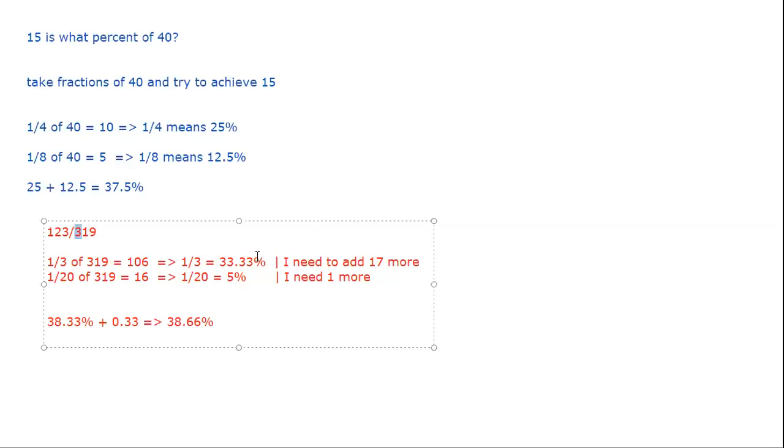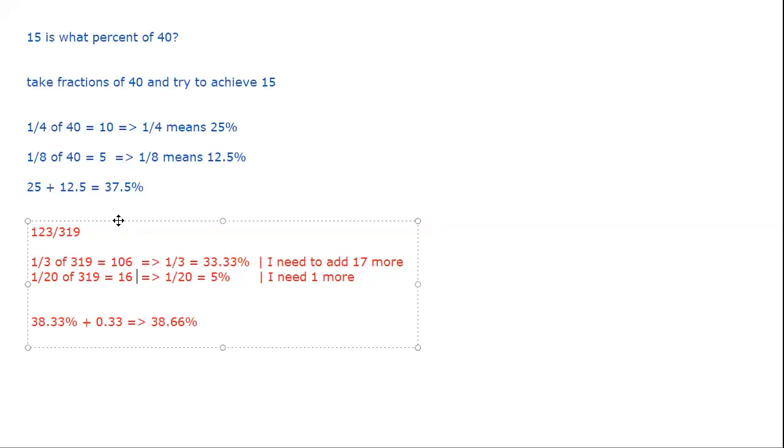So this is 1/3. So I started off with 33%. I got 106. I understood that I need 17 more, because I clearly saw that 1/20th will give me a 16. So I am happy with that. 38.33, slightly more than that. That's your answer. This should be done very fast. Not like what we are doing now, but faster than that.